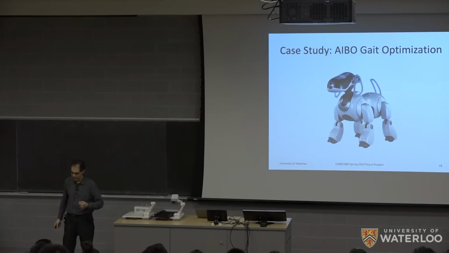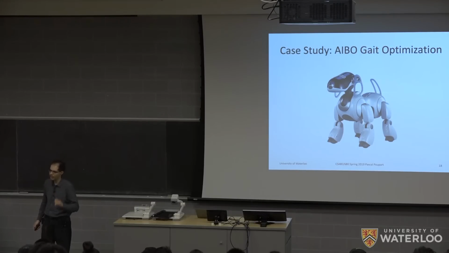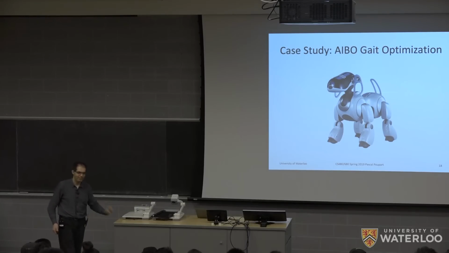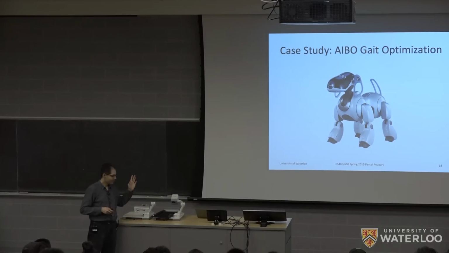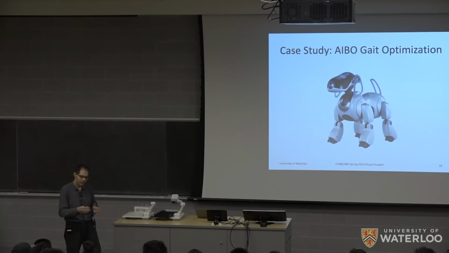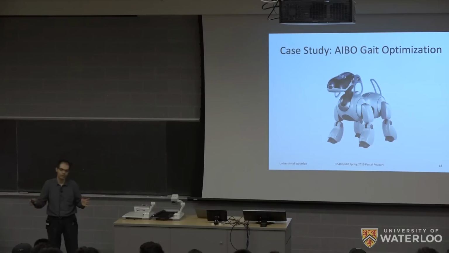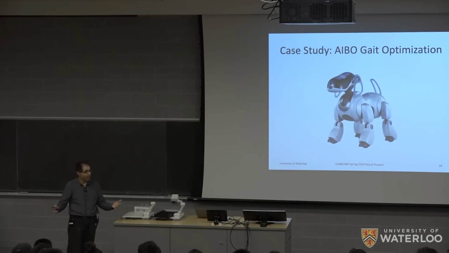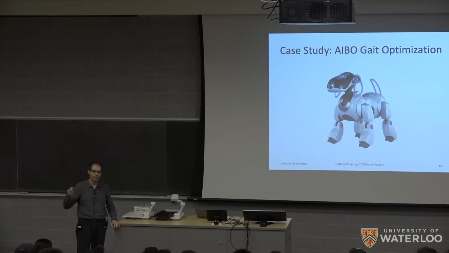Now, this type of robotic dog became popular not just because it's cute, but also because of an important competition that's been running for more than 20 years, known as RoboCup. It's a competition where robots play soccer, and researchers around the world have been participating.